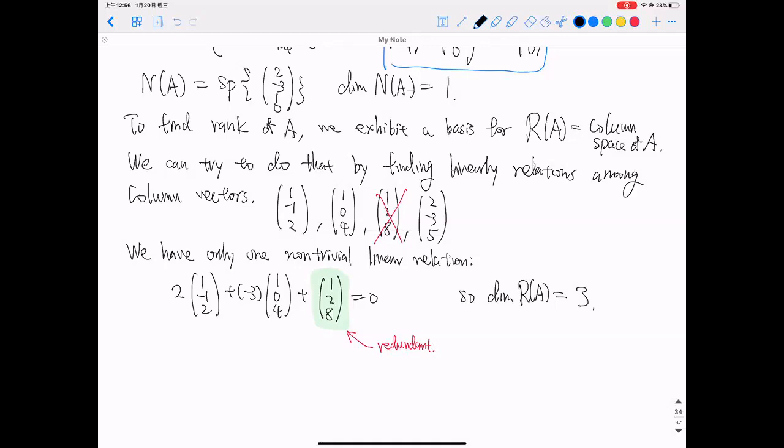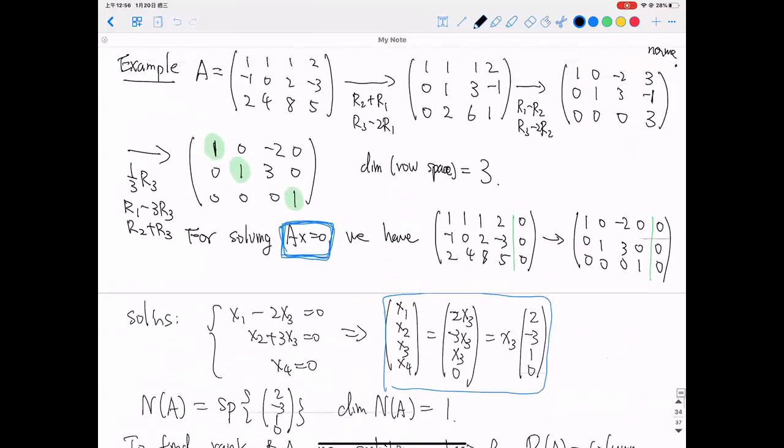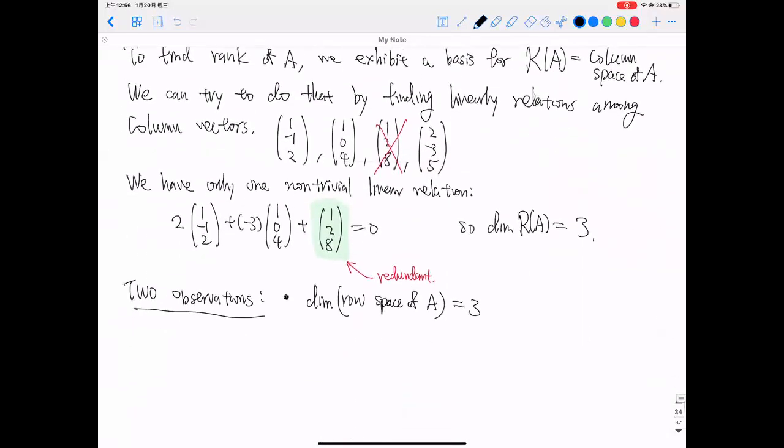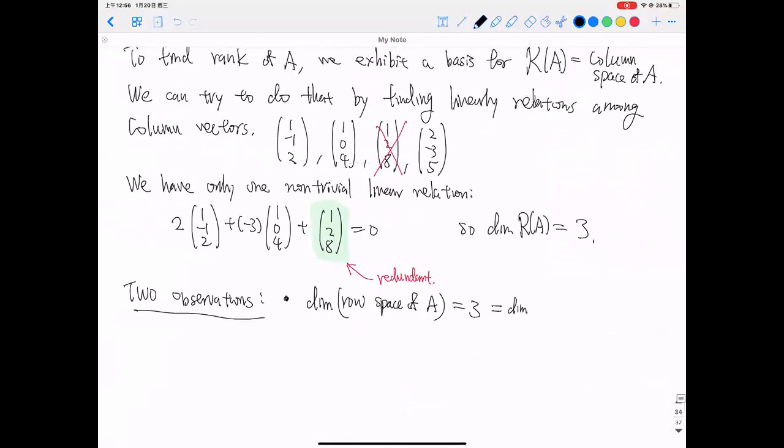Okay, and all right, so now there are two observations I want to make. They're not hard to make. That is, the dimension of the row space of A is 3, as we've established. This is also the dimension of the range.